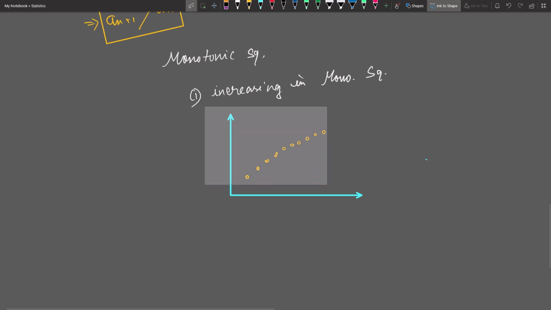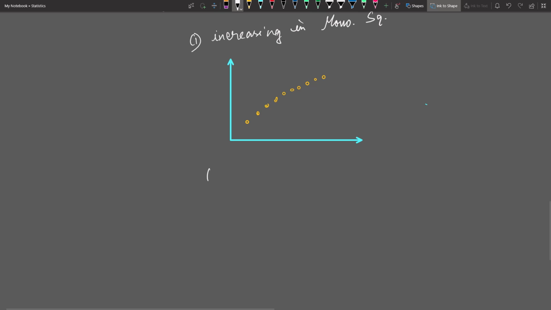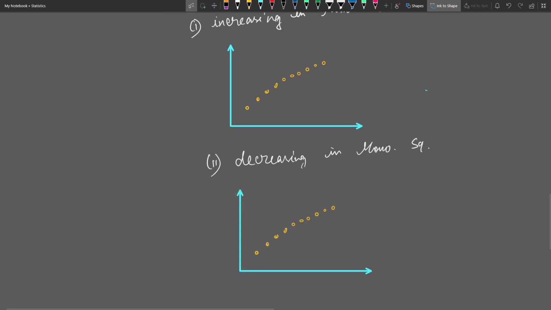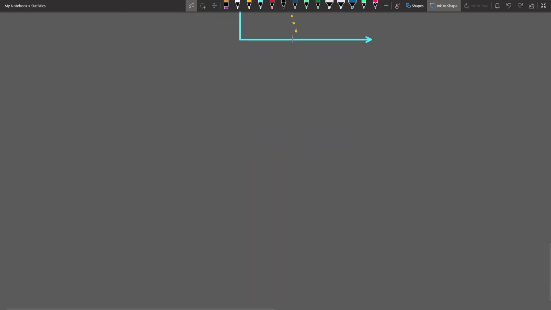And if we find the graph of a decreasing monotonic sequence, that will be this. This is a decreasing monotonic sequence. So here is the graph of that.